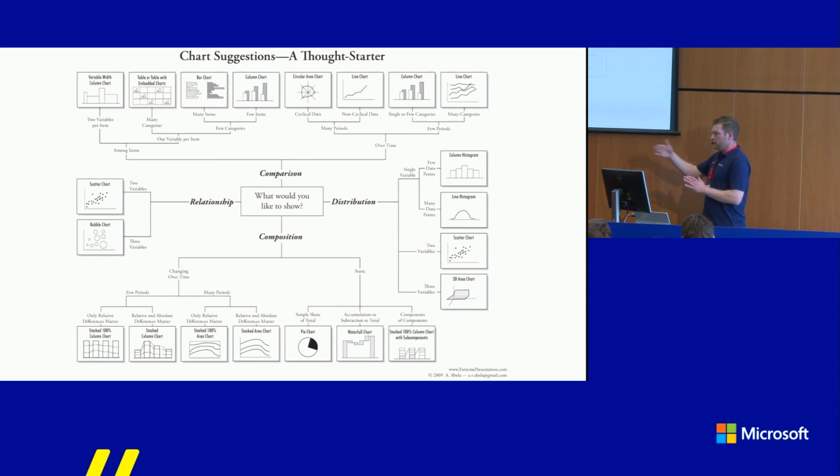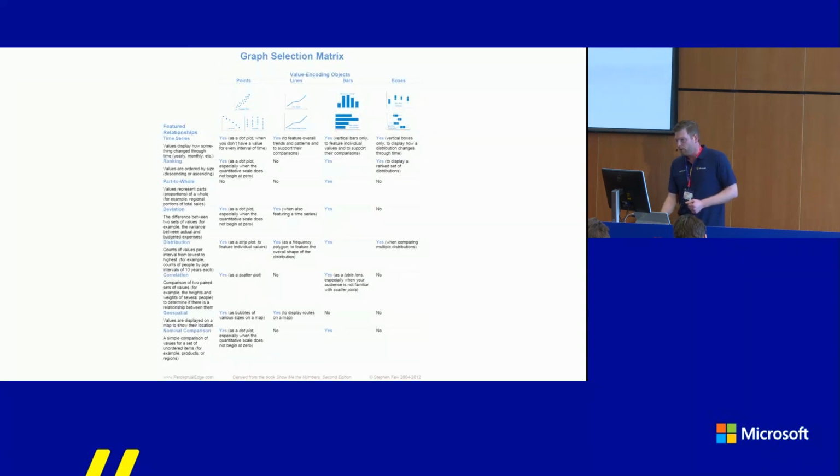Then you go in that path, and eventually you end up with probably the right chart type. I will share my PowerPoint presentation, so just look it up, and this will be in there. But you can find this on the internet. It's really common use. It's really helpful.